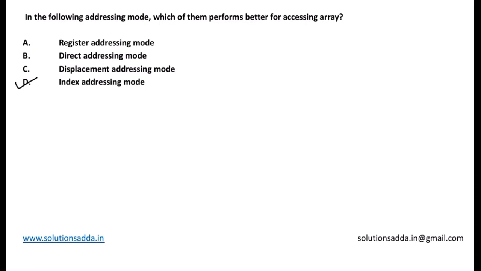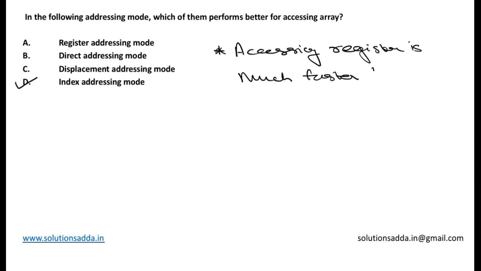What happens in index addressing mode is the effective address is calculated as the sum of contents of the index register and the displacement. So accessing a register is much faster than accessing a memory location. So the key point to note is accessing a register is much faster than accessing a memory location.